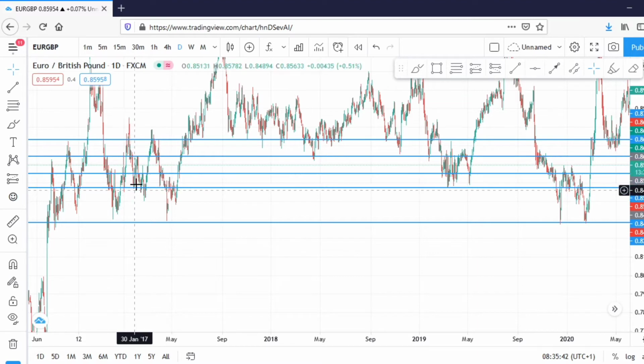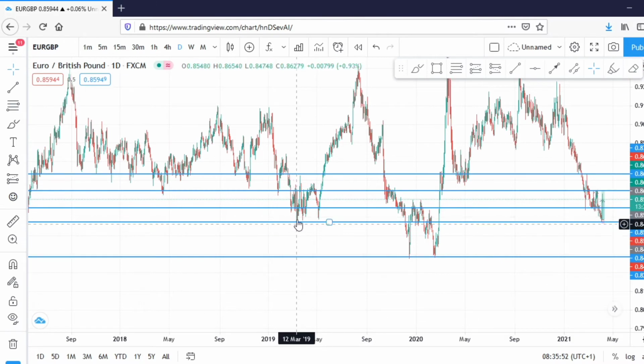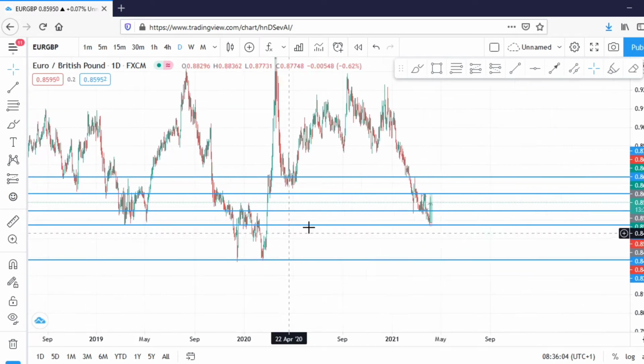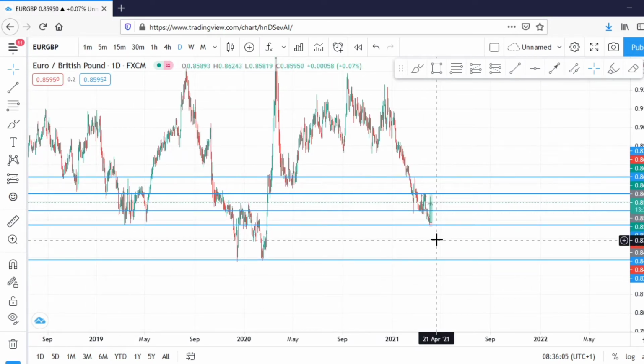Tested, came down, tested, came down, tested, false breakout, came down, it broke it, came down, danced around this level for some time before moving back up. Then it came down to this level again, tested it, bounced back up, came down, broke it, came back up, tested it again, just danced around it a little bit, and came back down to that level.